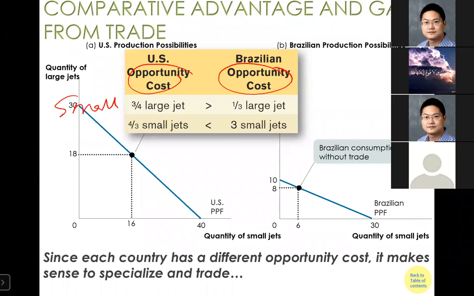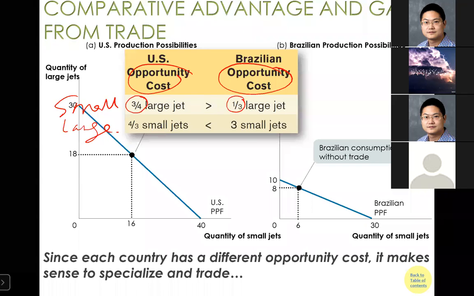On the bottom is the opportunity cost of large jet. For the US, the opportunity cost of producing a small jet is 3/4. For Brazil, the opportunity cost of a small jet is 1/3. But this opportunity cost is in terms of a larger jet.